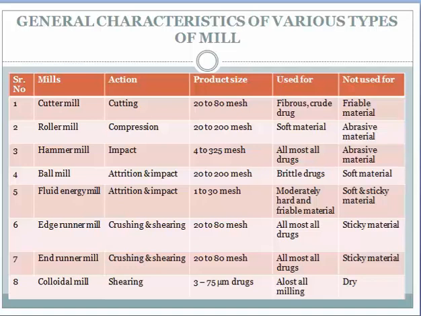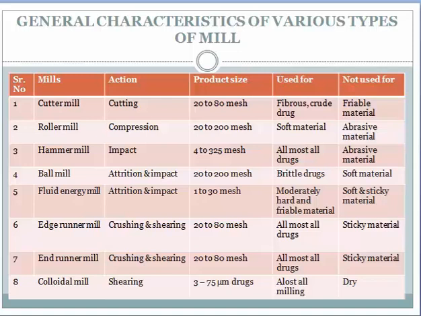In case of fluid energy mill, attrition and impact forces are applied that produce 1 to 30 mesh size. Moderately hard and fibrous material can be used in fluid energy mill, but it is limited for soft and sticky material. In case of edge and end runner mill, both act by crushing and shearing forces.